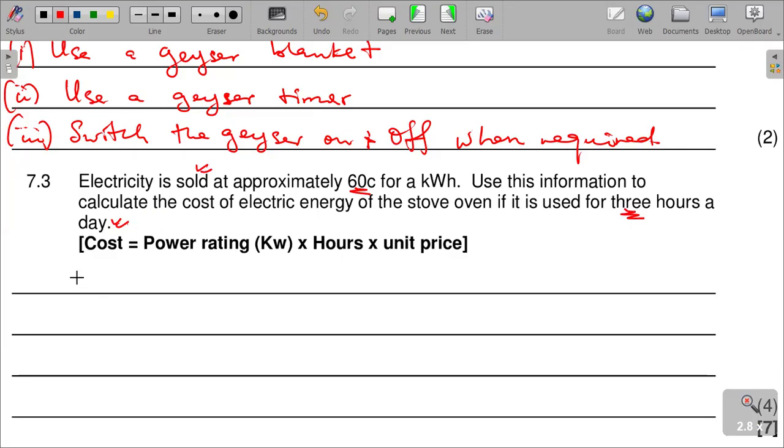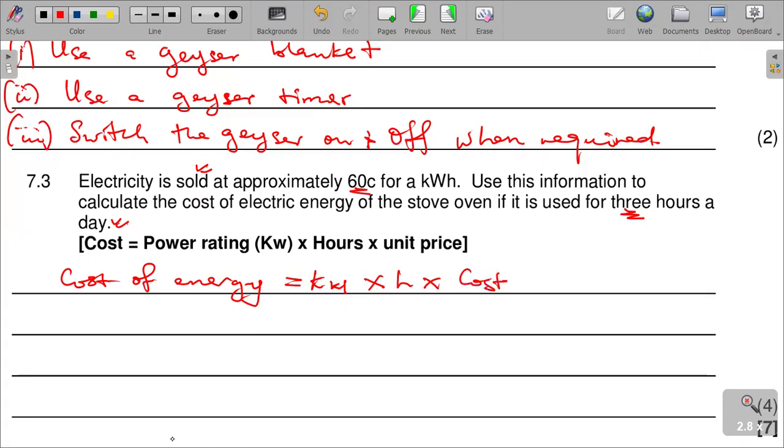So the cost of energy is equal to our power rating multiplied by time, multiplied by cost.